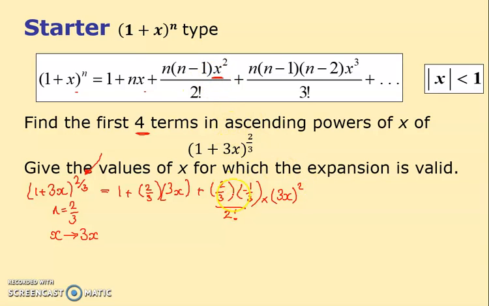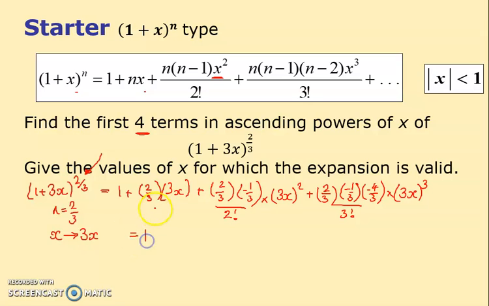It says x squared, but we know we've got to write 3x squared, plus 2/3 times minus 1/3. Now I've got to take another 1 off this, which is minus 4/3. You keep on taking 1 off each time. Divided by 3 factorial times the 3x cubed. And again, although it says x cubed, we know it's 3x cubed.